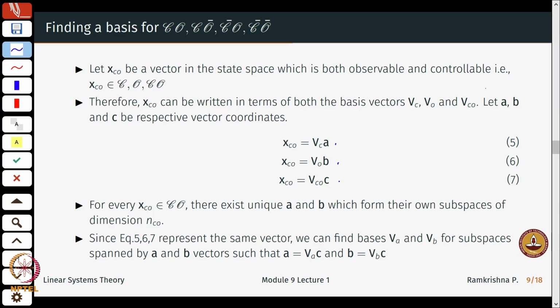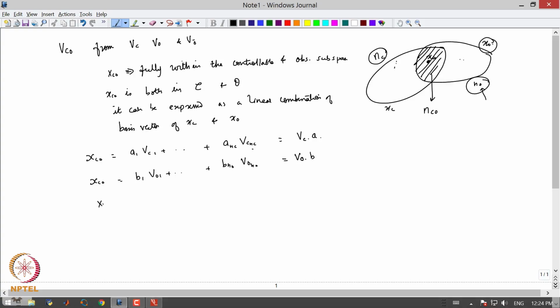And this is also in this subspace, with I can also write this as some basis Vco, which is the subspace which is both controllable and observable, times some vector c. So these vectors a and b are such that xc naught is both within the controllable and observable subspace.